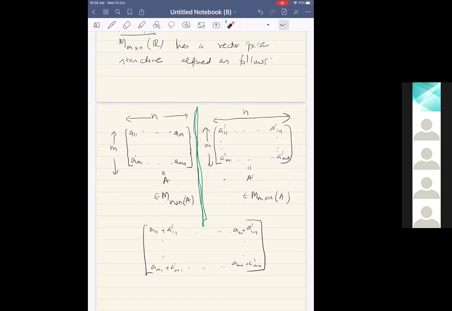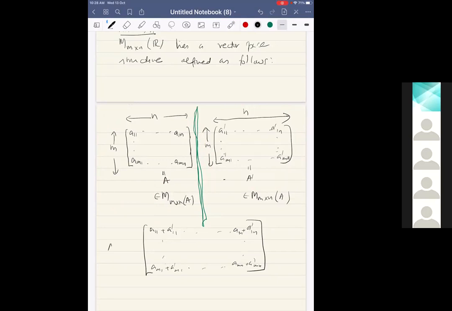A consists of an m cross n array of real numbers whose entries are labeled A11, A1n. I think this is what somebody was worried about. The second matrix has entries called A prime 11, etc. And then I must get the sum of these two, because I'm making this a vector space.